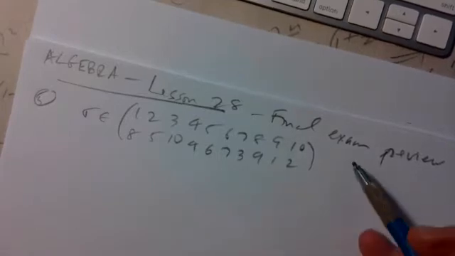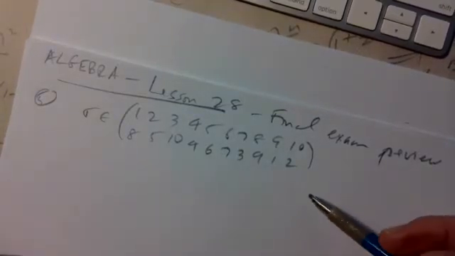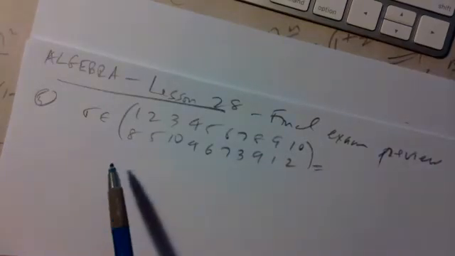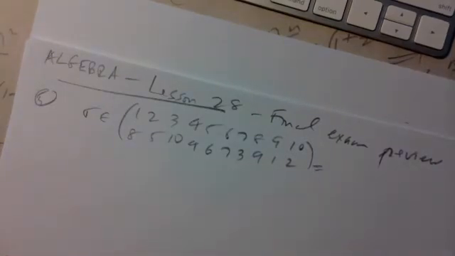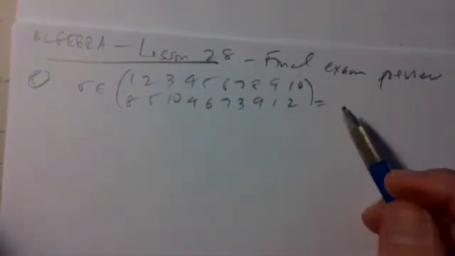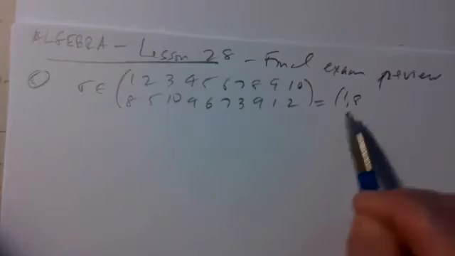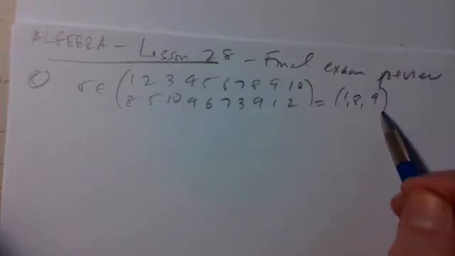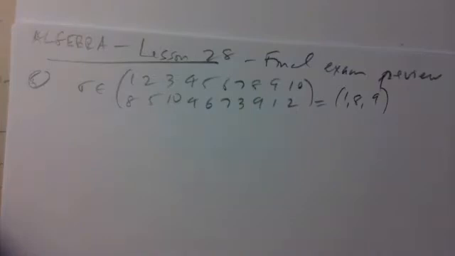And we want to first write this as the product of disjoint cycles. So we can just start with 1, for example, and follow it around. 1 goes to 8. 8 goes to 9. 9 goes back to 1. So that's a 3 cycle.